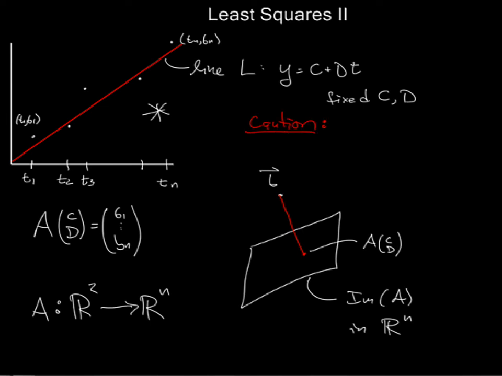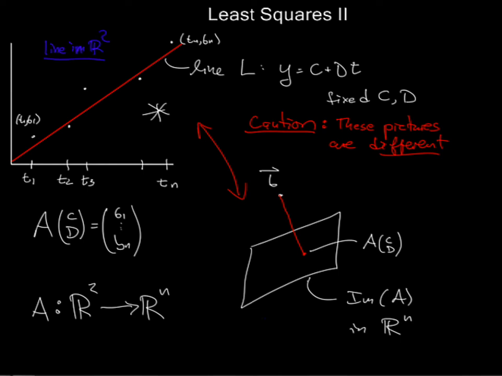And I want to put in a big caution here. These two pictures are not the same. They're rather different. The two pictures being this one here with the line in it and this one here with Rn. Up here the picture is a line in R2, whereas down here we have a plane in Rn.